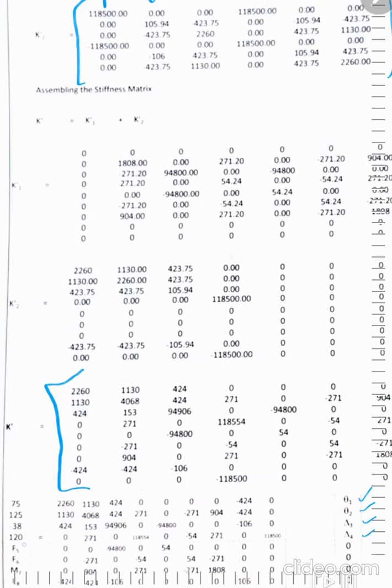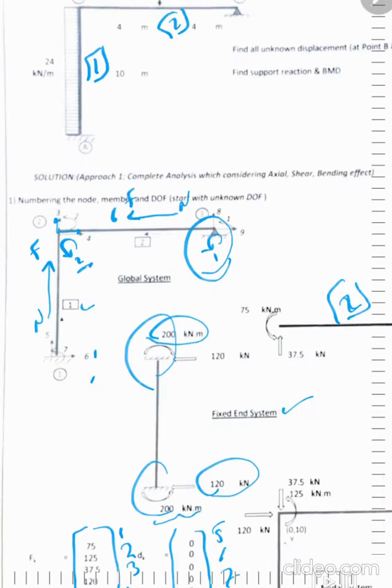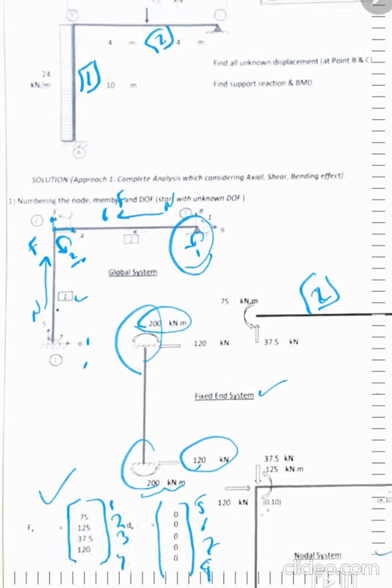And here we have the known values. You can get these values of F from the fixed end moment, from this one.